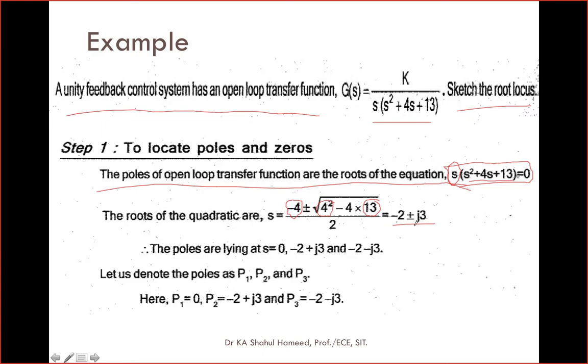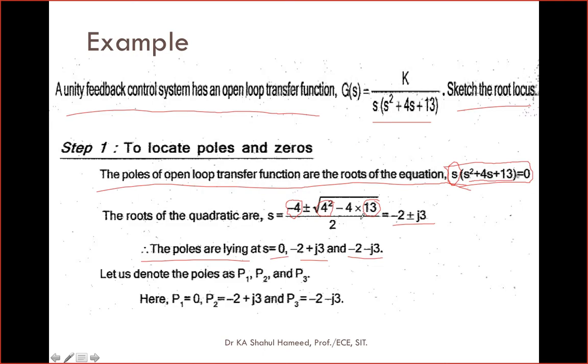It's a complex pole. So the poles are lying at s is equal to 0, minus 2 plus j3 and minus 2 minus j3. So we have three different poles because the open loop transfer function characteristic equation has power 3, a third order system. By seeing the characteristic equation, you can say that there are three poles in the system.